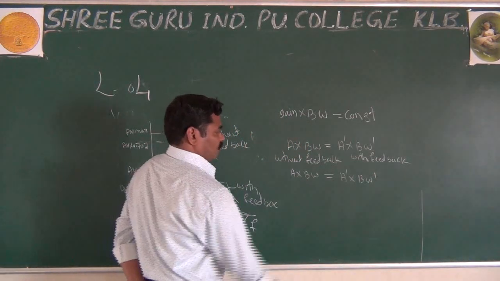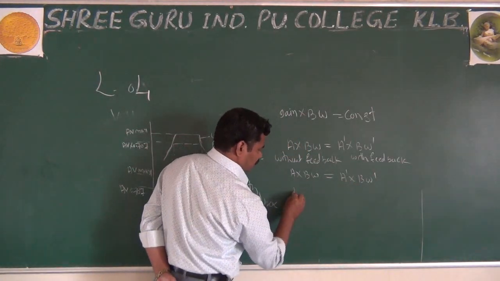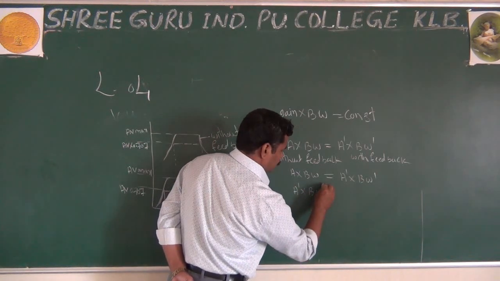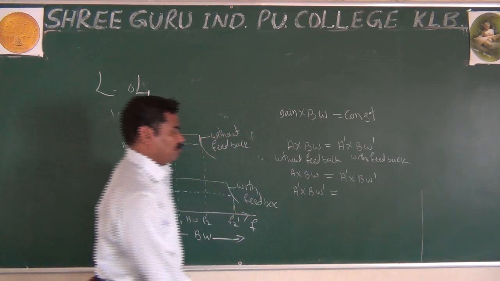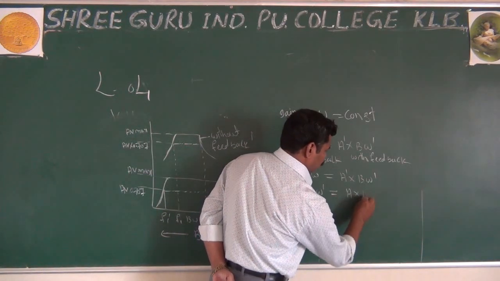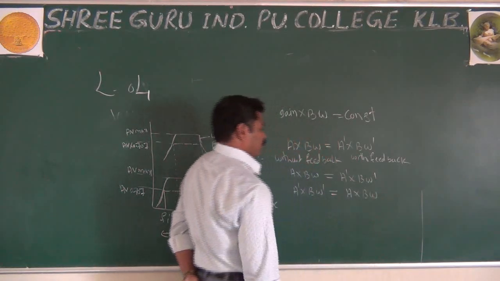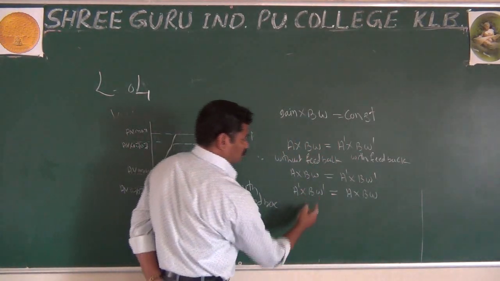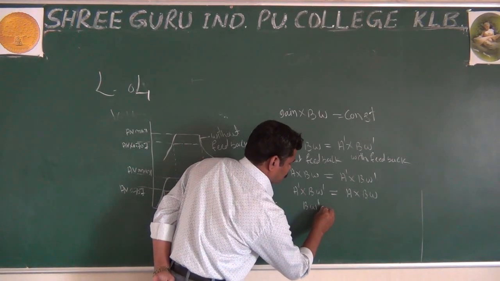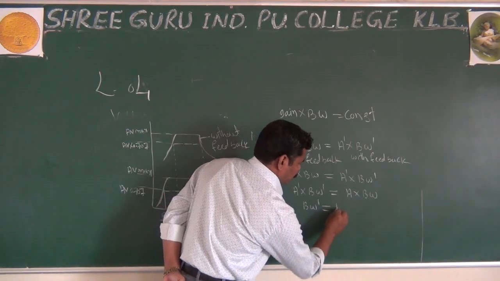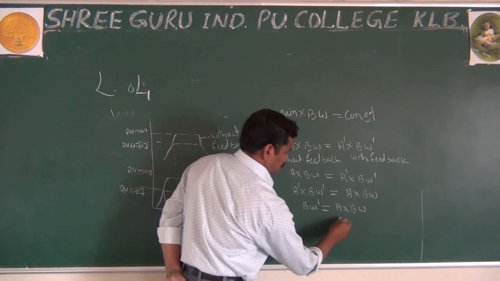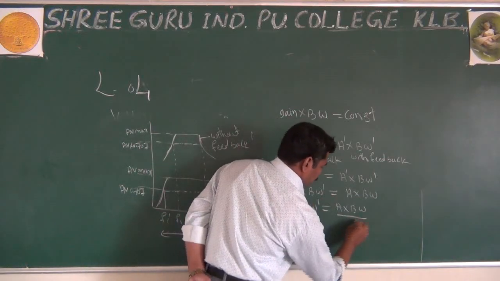Now we take the A dash term aside: A dash times bandwidth with feedback equals A times BW. Then we want this BW dash. BW dash equals A times BW divided by A dash.